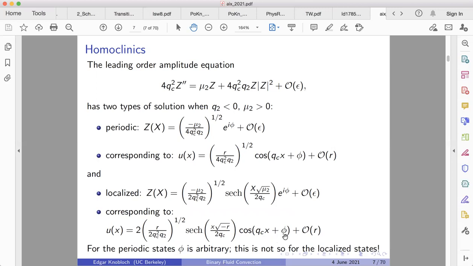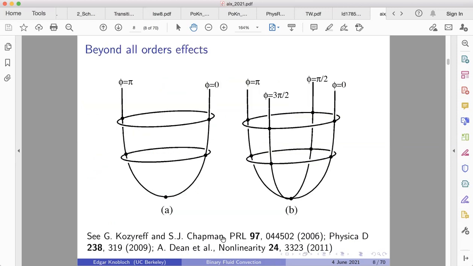Now, in this second solution, of course, this is a localized solution, but because of the variation of the envelope function with space, this phase phi is no longer arbitrary because I cannot translate the periodic pattern with respect to the envelope arbitrarily. There are only certain values of phi that are permitted because of the variation of the envelope of the solution. And there's a picture here to illustrate that.